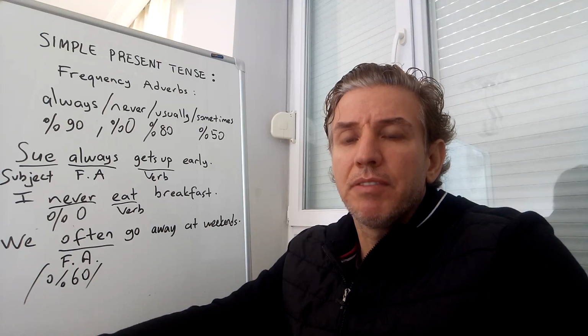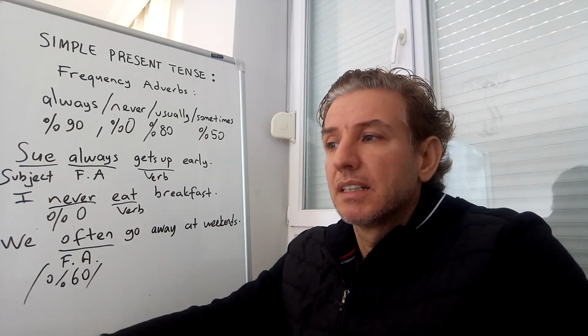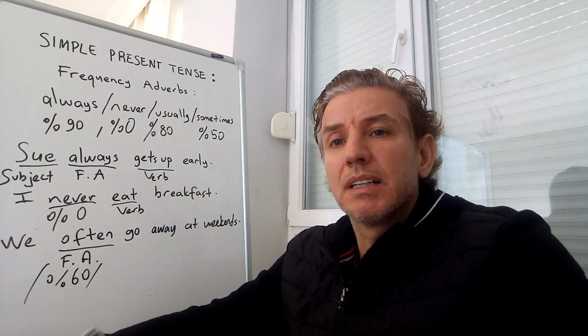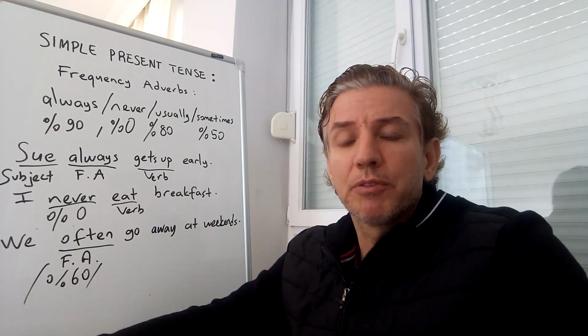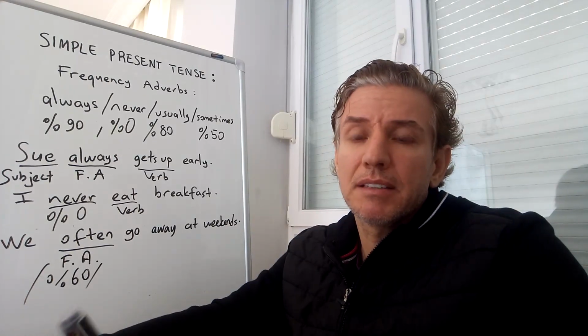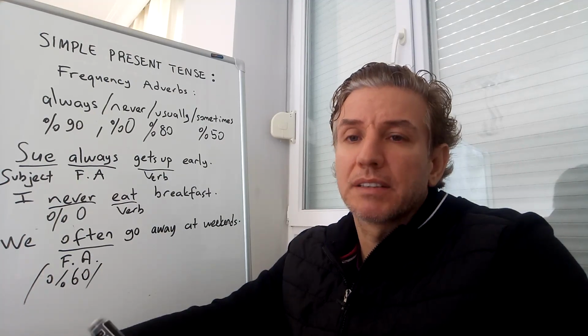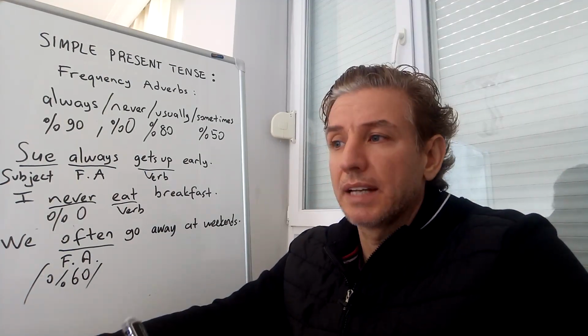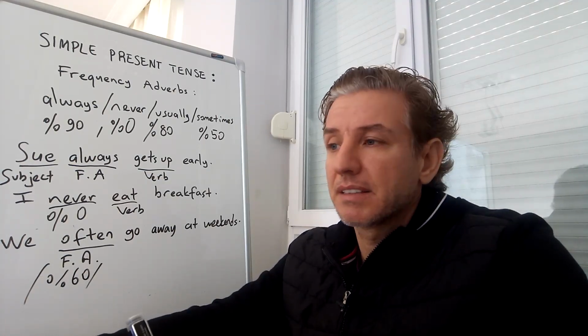This is an affirmative sentence. In affirmative sentences, we don't use anything before a verb. But in negative sentences, we use don't. This is the short form of do not. So, we use don't with negative sentences.